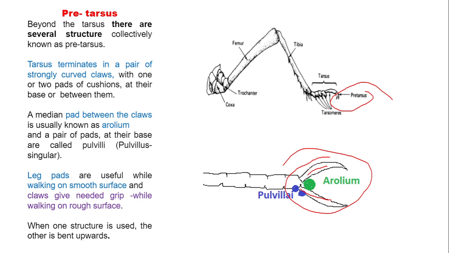At the base of the claws, a pair of pad-like structures known as pulvilli are there. These leg pads are useful for the insect when it is walking on a smooth surface, while the claws give the needed grip when the insect is walking on a rough surface. When one structure is being used by the insect, the other bends upward.